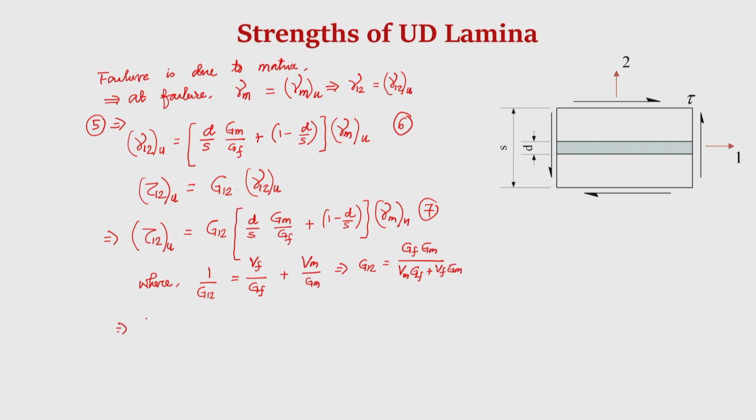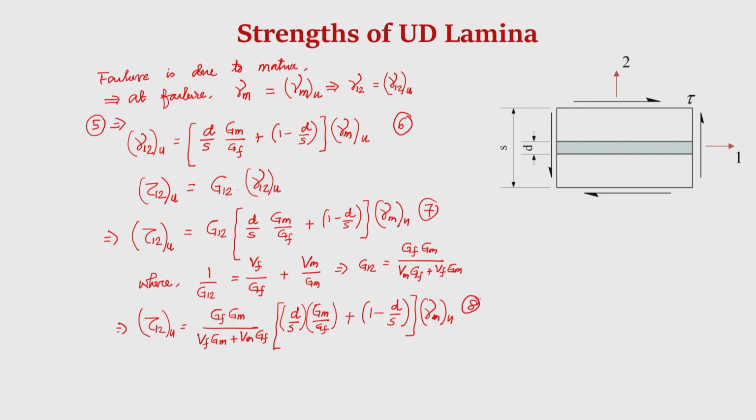Therefore, tau 12 ultimate, we can put this G12 value, G F G M by V M G F plus V F G M, into d by S G M by G F plus 1 minus d by S, gamma M ultimate.